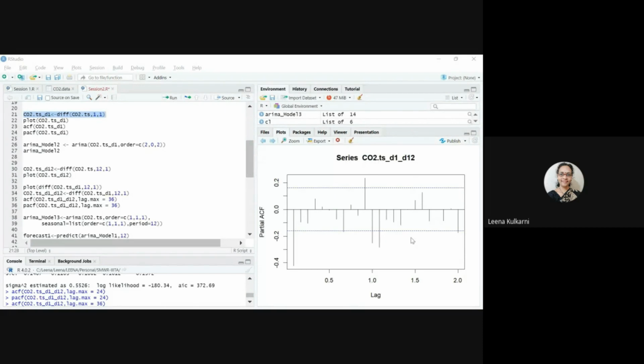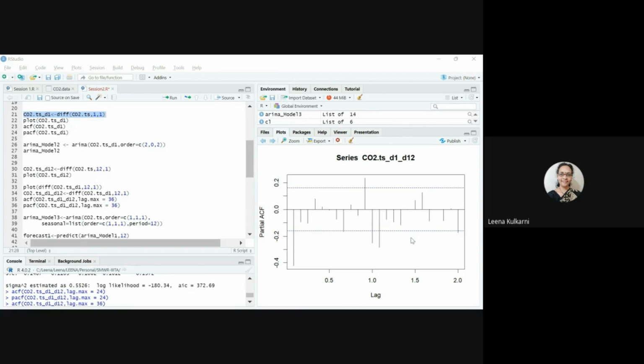Partial autocorrelation function is the correlation between yt and yt minus k after removing the impact of the intermediate variables. So if you are talking about the partial autocorrelation of lag 2, it will be the correlation between yt and yt minus 2 after eliminating the effect of yt minus 1. It solely talks about the correlation between the two values without considering the effect of intermediate variables.